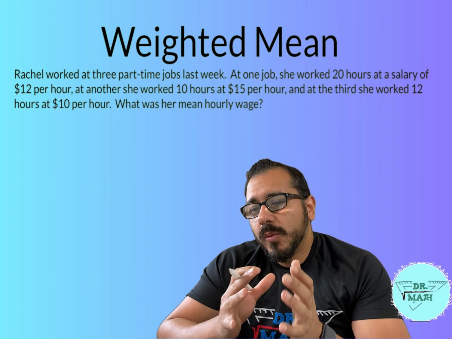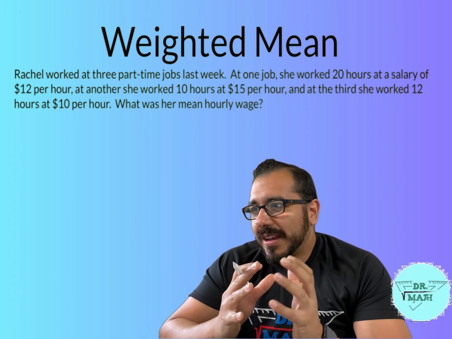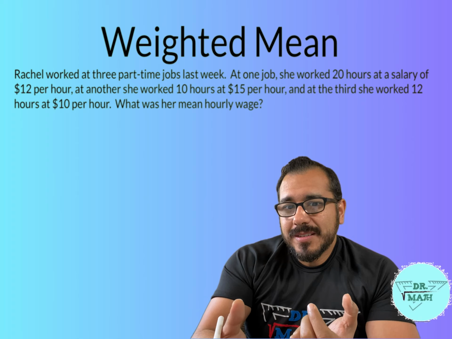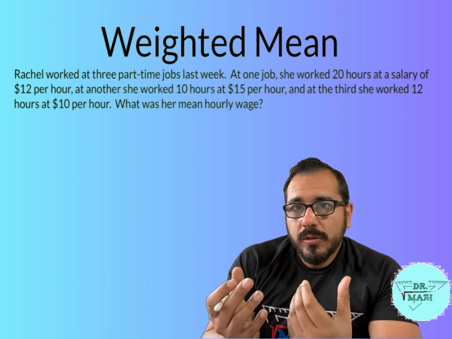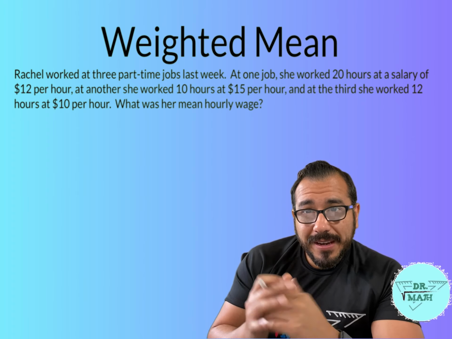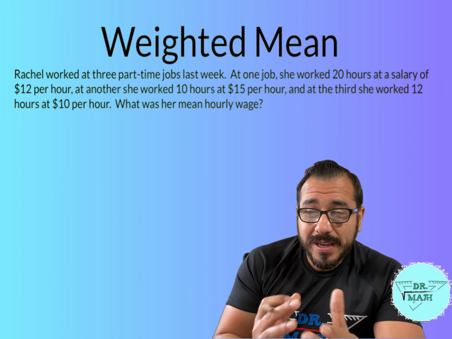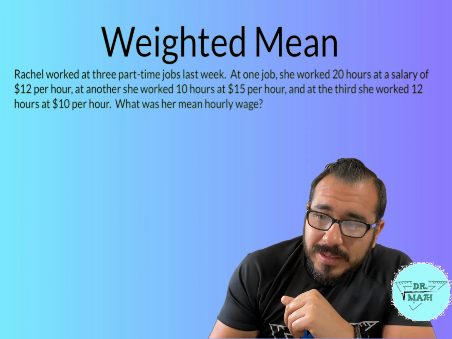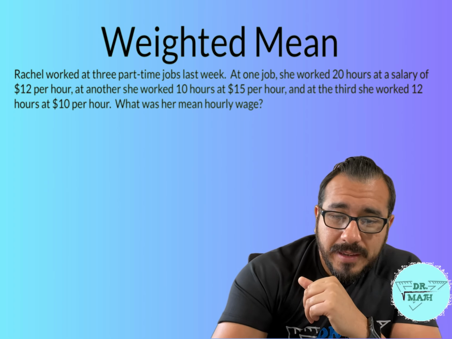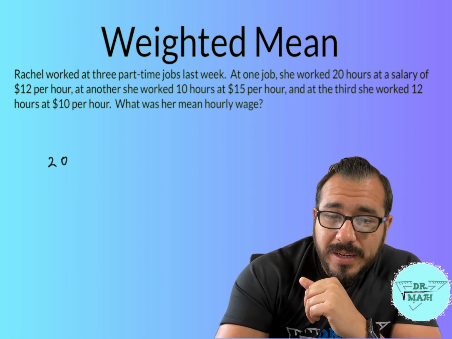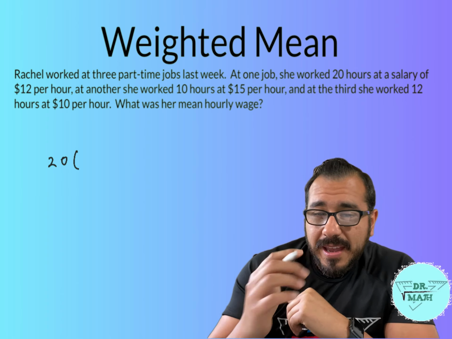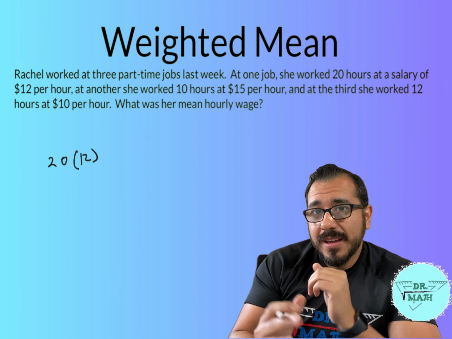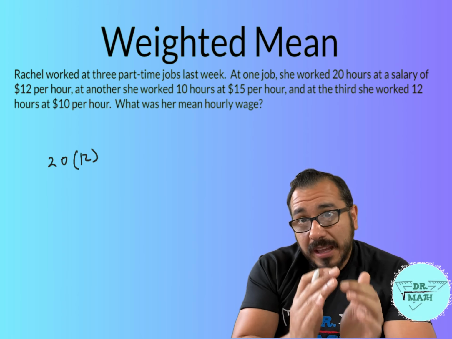So when we're finding the weighted mean, what we're trying to do is find the overall average when, in this case, all her wages are not equal, they're not the same. So we're trying to find an average for all these various rates. So we're going to take that first job, where she's working 20 hours and earning $12 per hour. When I multiply those two, that tells us how much she earned at that first job.